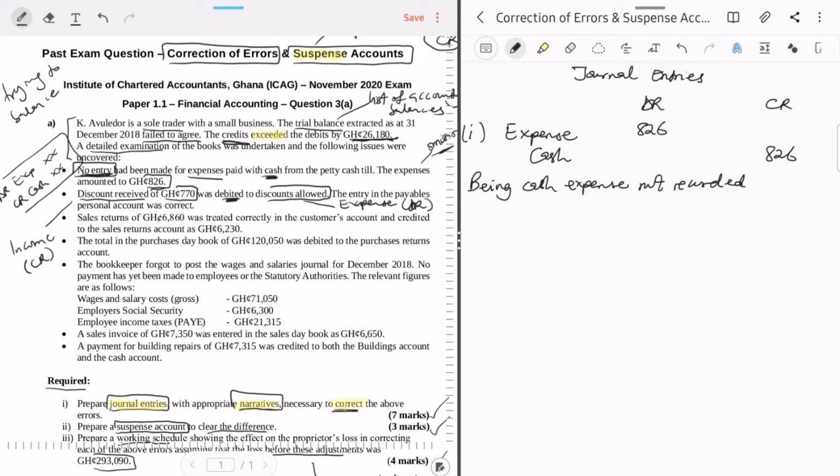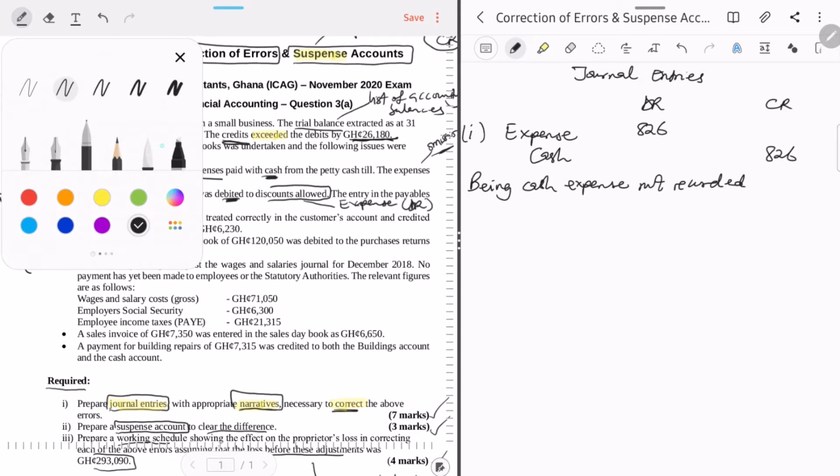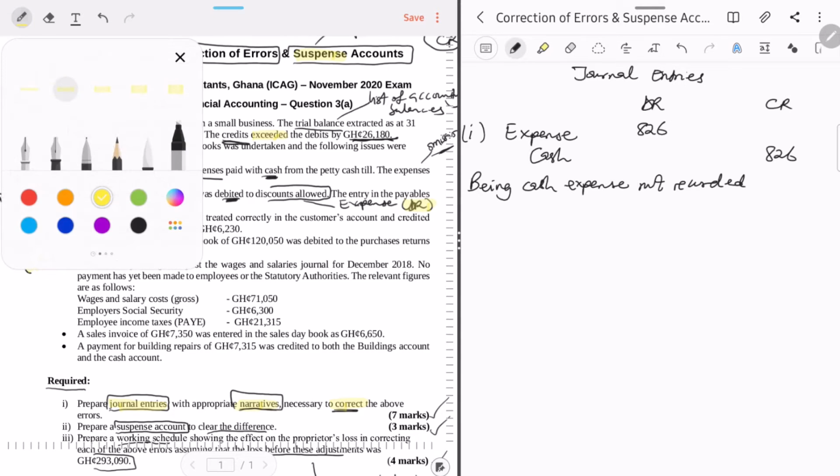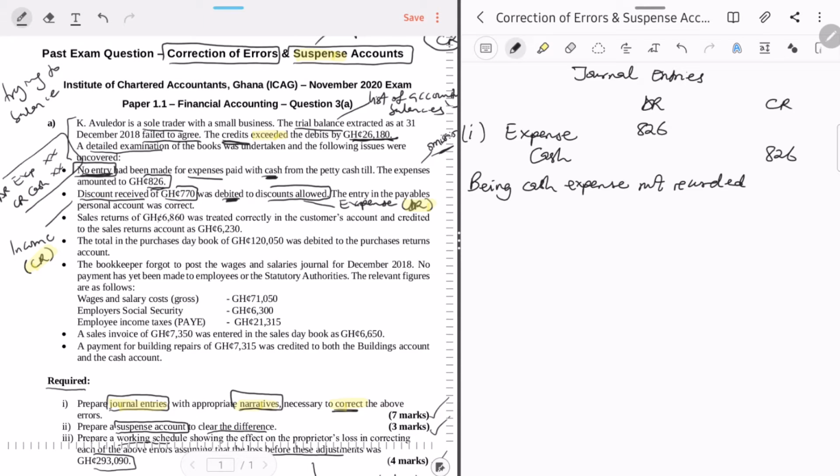We've learned that all expenses have debit balances. And then we've learned that income has a credit balance. So let's continue. Don't worry if you're too overwhelmed. Like I said, just follow through. Everything I do, just write along with me. By the time you are done, you realize how much you've learned through the process.